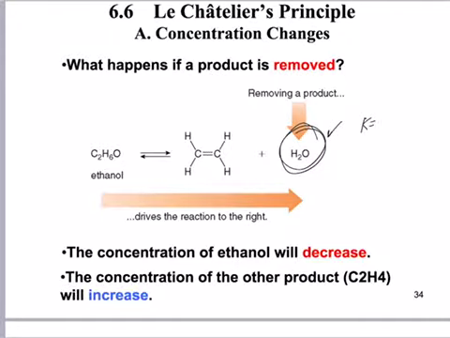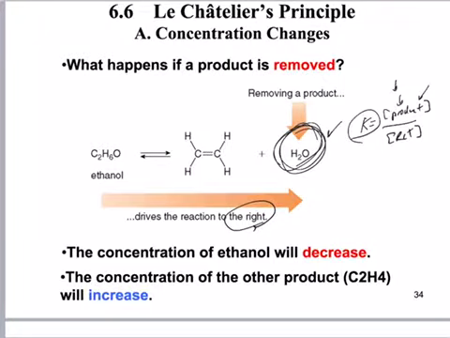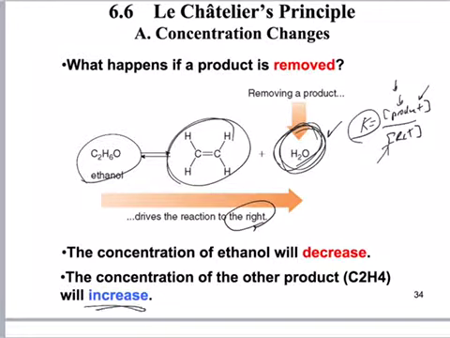Since K is products over reactants, if I'm constantly removing this, that number is going to go down, which means the reaction must shift to the right in order to keep K a constant value. So the concentration of ethanol will decrease, the reactants go down, but the concentration of our product, the C2H4, will increase.